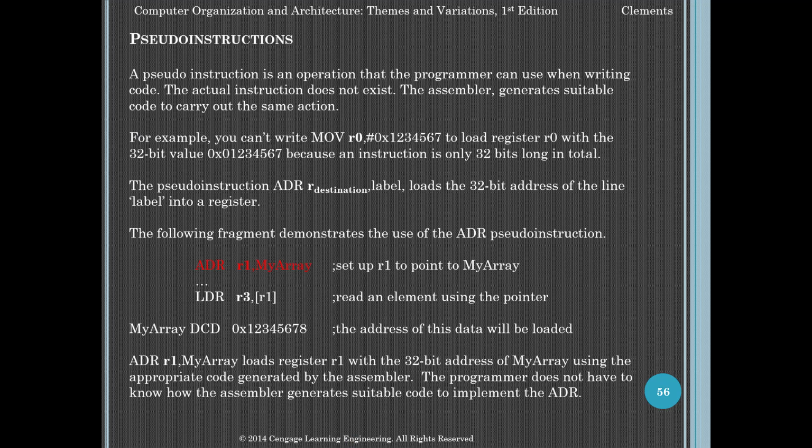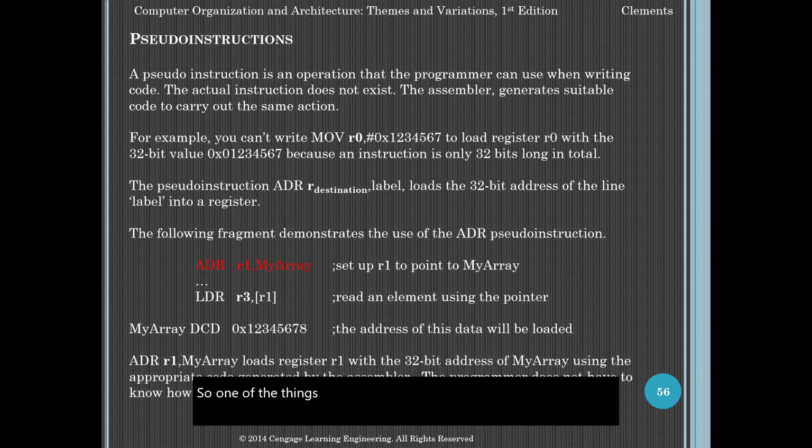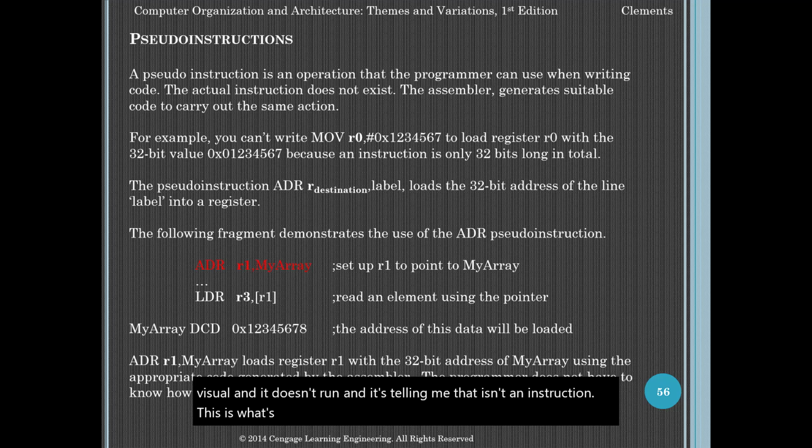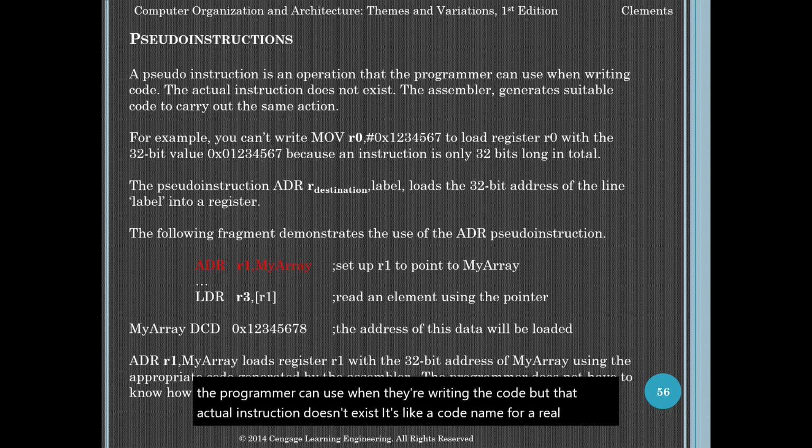One of the things that makes assembly programming so challenging is this idea of pseudo instructions. As you're looking around online and you find some assembly code and you want to try it out, you type it into Visual and it doesn't run, telling you that isn't an instruction. This is what's happened. A pseudo instruction is an operation that the programmer can use when writing the code, but that actual instruction doesn't exist. It's like a code name for a real instruction. The assembler, if it's designed to know this, generates the suitable code to carry out the same action.